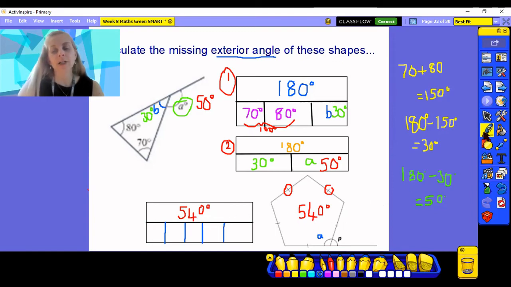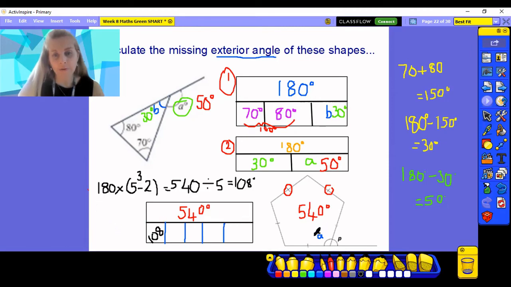And if I use my knowledge of my help sheet to know what all of the interior angles of a regular pentagon will be, I should already remember that it was 108 degrees. I could also calculate that if I did my formula. A, we've already established, is 108 degrees, because that is one of the interior angles of this regular pentagon.